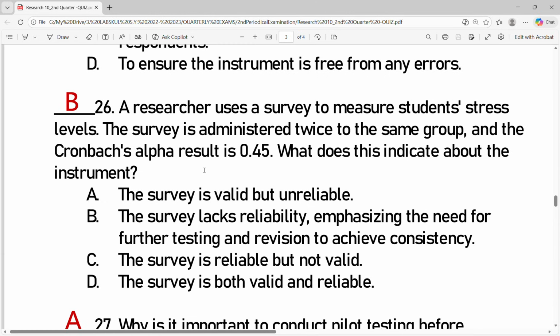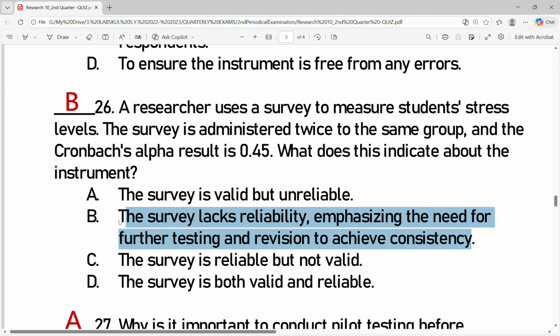We taught you this already. If, for example, after the reliability test, your statistician ran the data you gathered, and according to Cronbach's alpha, the result is 0.45, that is less than 0.7, and this indicates that your survey lacks reliability, emphasizing the need for further testing or revision to achieve consistency. So the answer in number 26 is letter B.